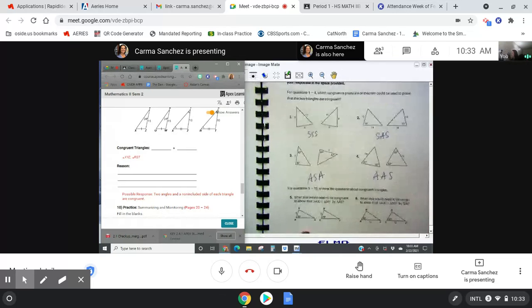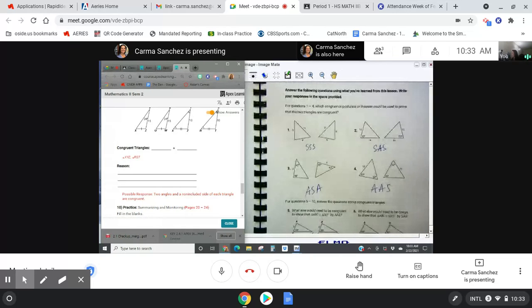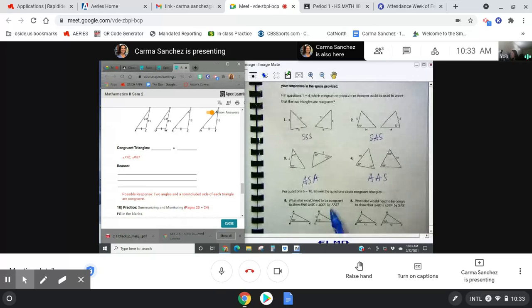Okay, let's go look down at number 5 and 6. What else would need to be congruent to say that these two triangles are congruent by AAS? So if I have that this side and one angle are congruent, I need the other angle to be congruent. I would have to know that angle C is congruent to angle F in order to be able to use AAS for this one. What else would need to be congruent to show that ABC and DEF are congruent by SAS?